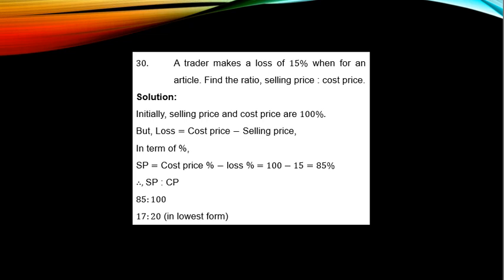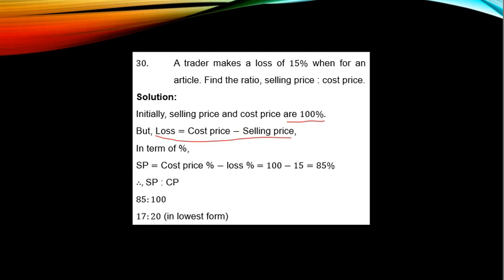All right. Now, initially, selling price and cost price are 100%. But you know, a loss occurs when cost price is higher than selling price. That is this formula here. So in this case now, we give preference to cost price since loss occurs. Now, see, cost price is already 100%, so we need to find selling price.